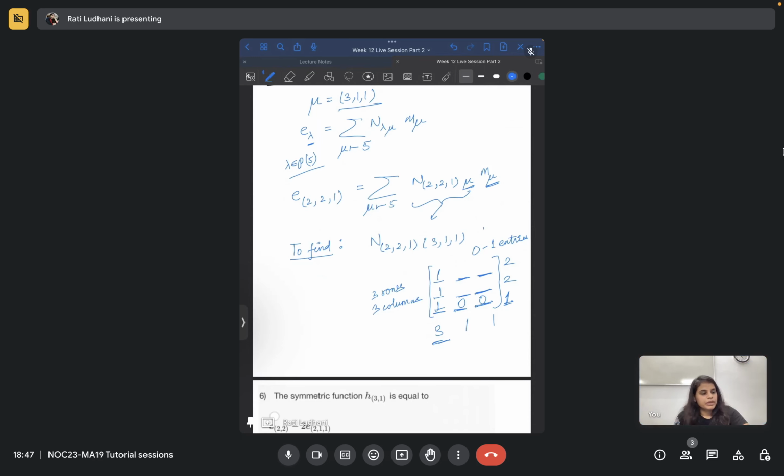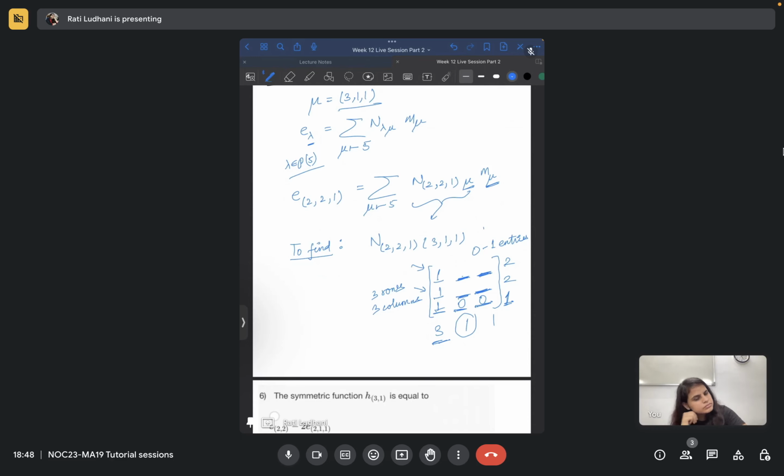Now we know that the sum we want of the first row is 2 and the second row is 2. So we want one of these places in the first row to be 1, either second column or third column.